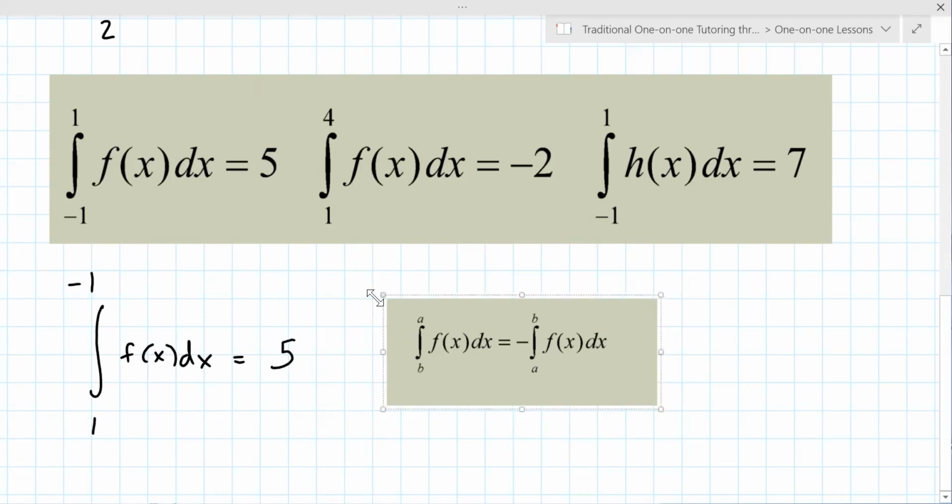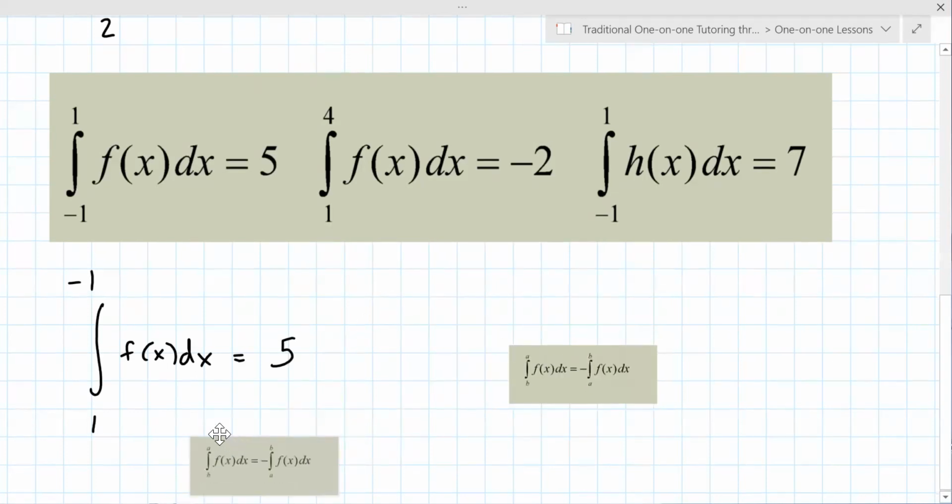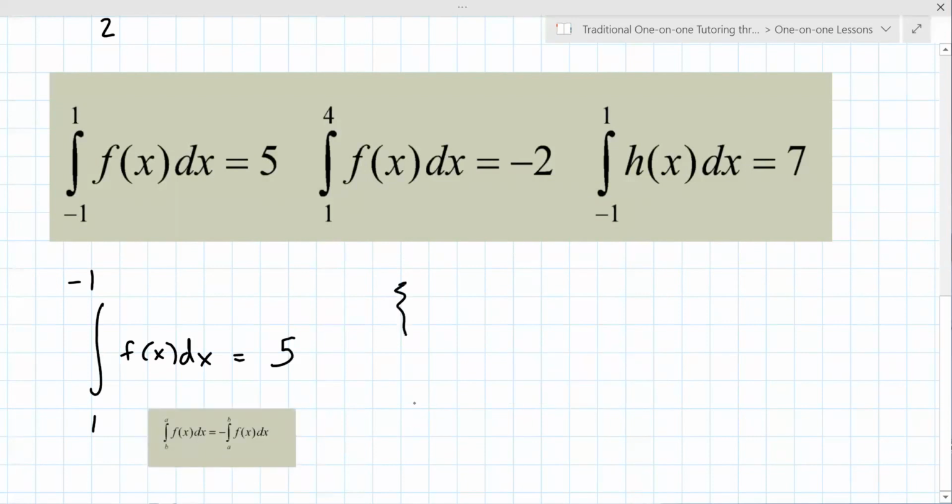Yes. Okay. So similarly, if I wanted the integral from 4 to 1 of f of x dx, what say you? Based on this number here, all I did was flip the bounds. 2. Be 2. So that's property number 1 on there.